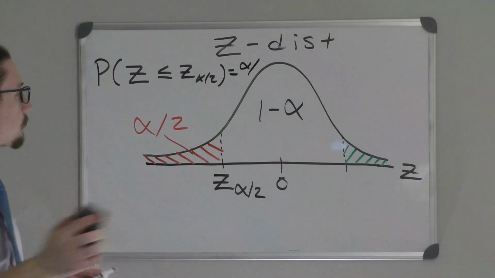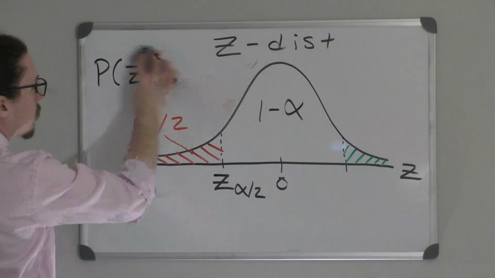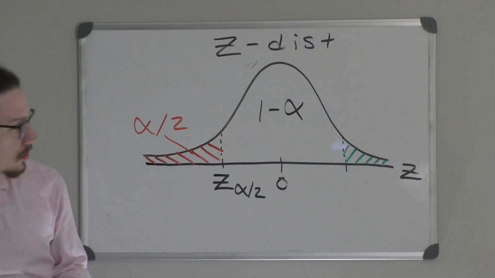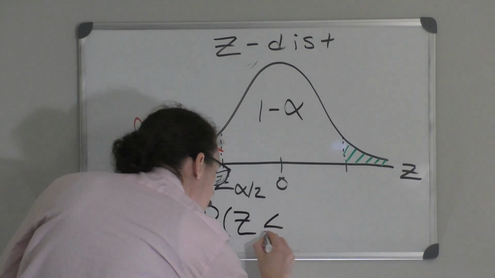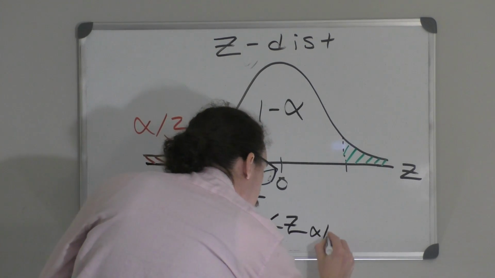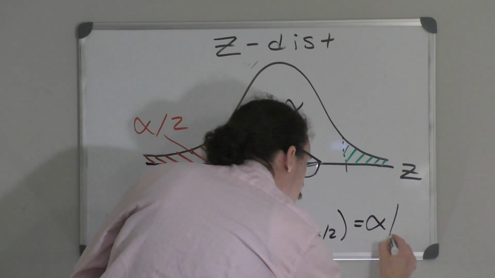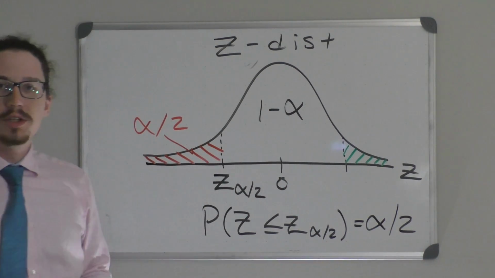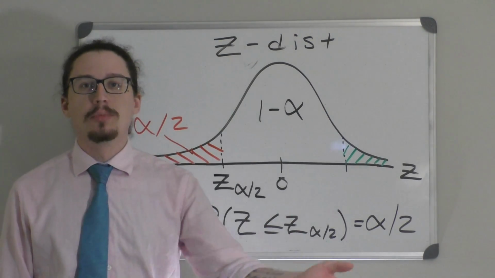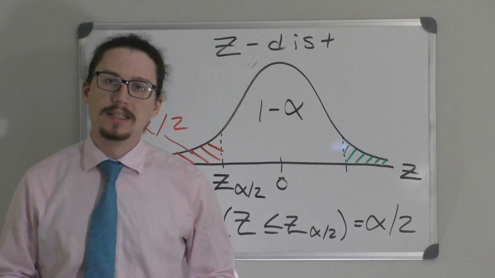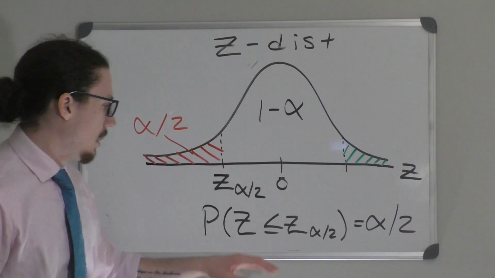Well, that got a little cramped. We will write it down here. Right, whatever the subscript is on our z, that is telling us that's the probability that a randomly selected z would be less than that.